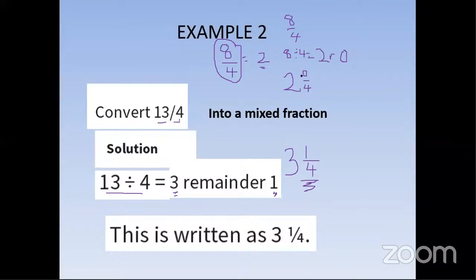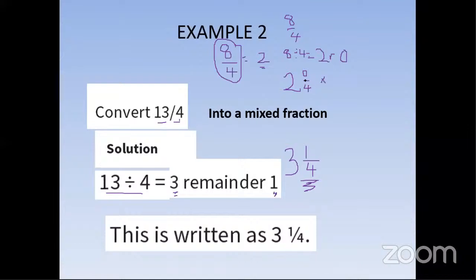No. Now remember, our numerator should not be something less. But when you say 0 divided by 4, what is it? Class, what is 0 divided by 4? It is 0. So when you write it like this, we don't have a mixed fraction.